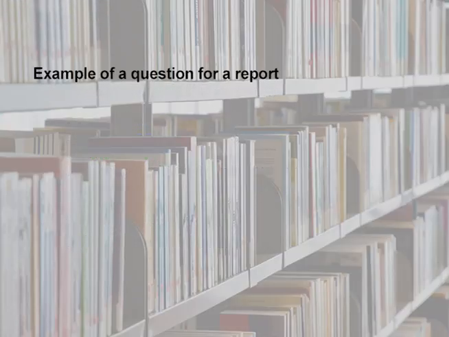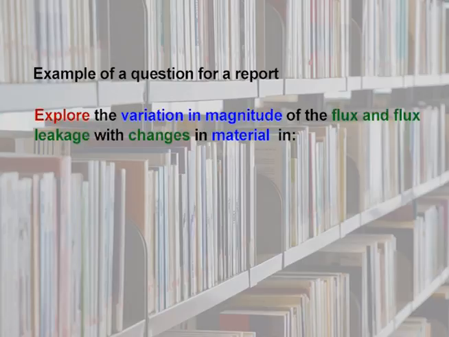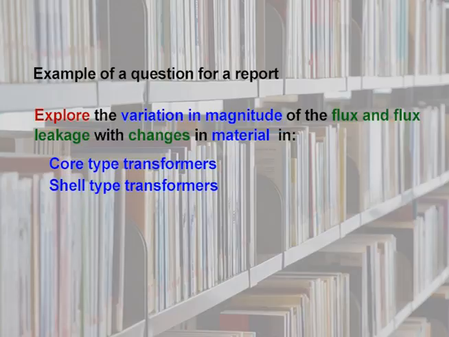This is one example of a question for a report. Explore the variation in magnitude of the flux and flux leakage with changes in material in core type transformers, shell type transformers. And this question asks for 1,500 words.